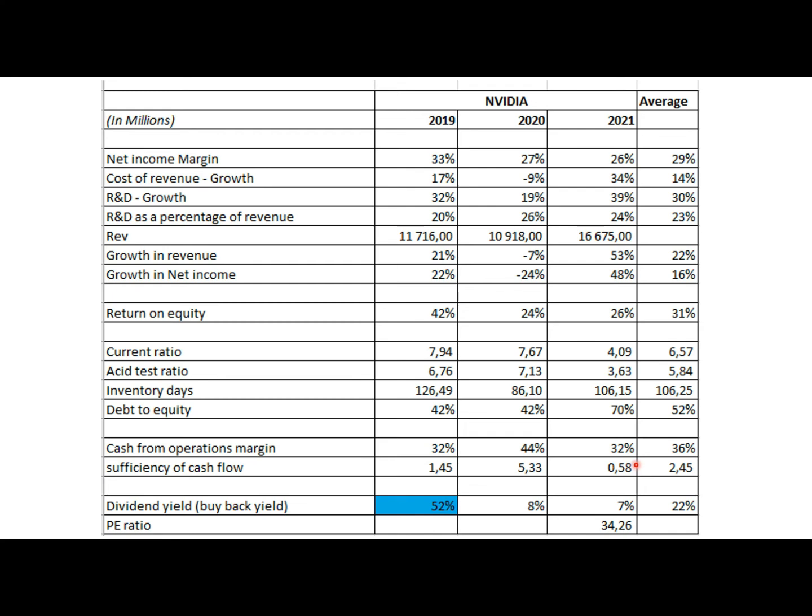Now in 2019, that ratio is a bit abnormal, but that's because there was a buyback and a dividend yield. But ever since then Nvidia has been issuing a dividend. Dividend yield is low. Now considering that Nvidia is in the ascendancy, we don't expect it to provide much shareholder returns.